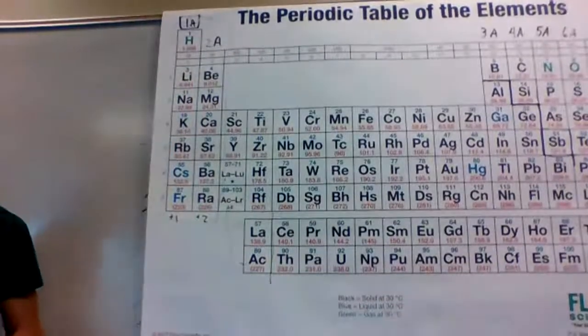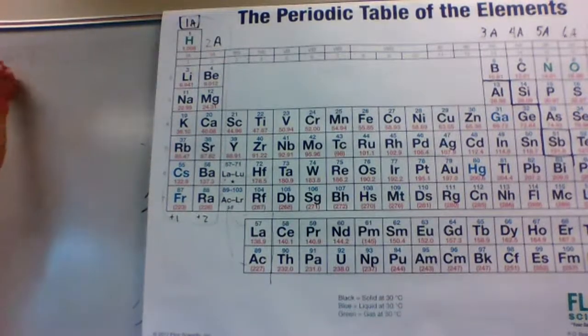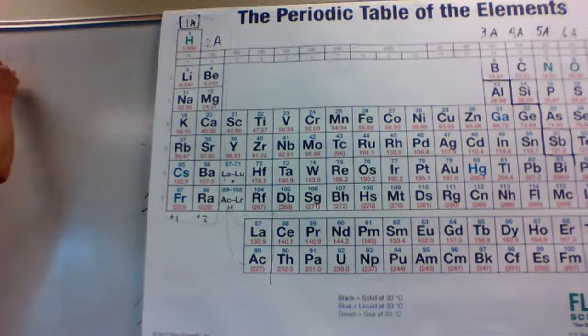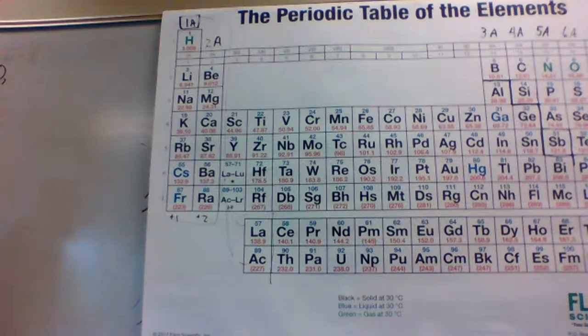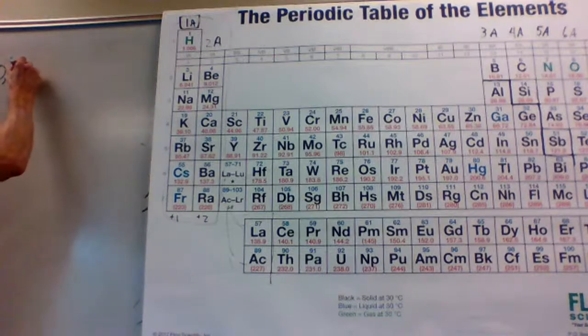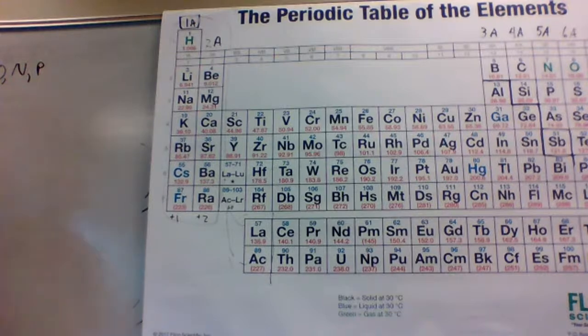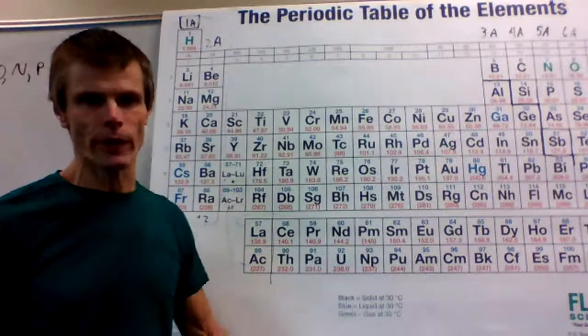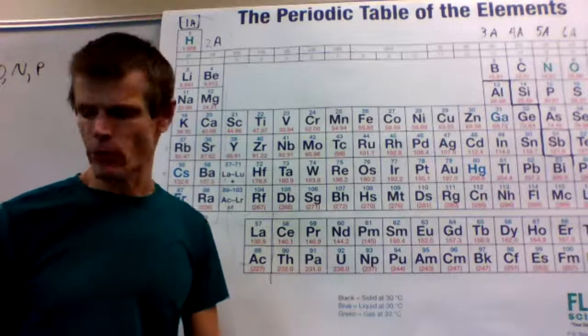So let's list a few elements. We're going to look at oxygen, nitrogen, and phosphorus. We're going to take those three elements and look at the periodic table here in a few minutes.